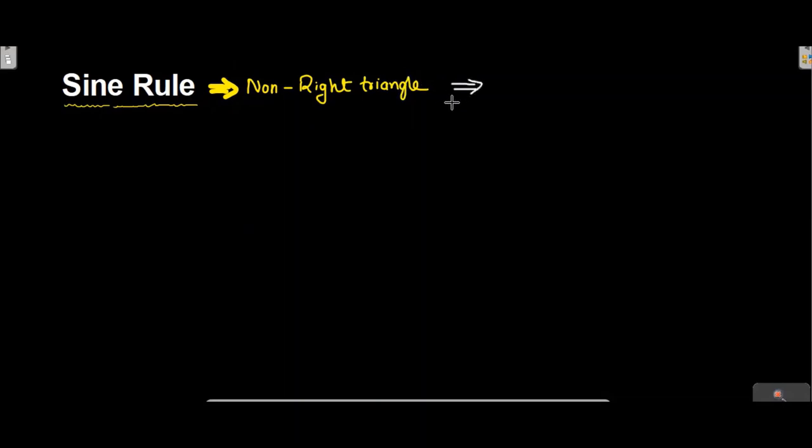One more important thing: in this type of triangle, there will be some information given to you in the question. Only if the question has this information can you use the sine rule. Two angles will be mentioned in the question, and one side will be mentioned.